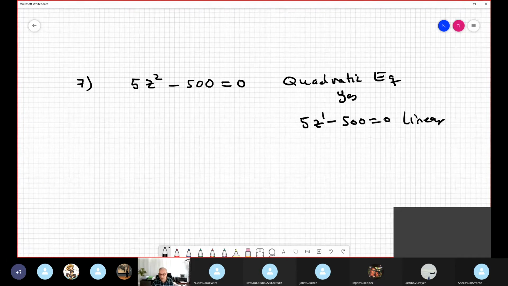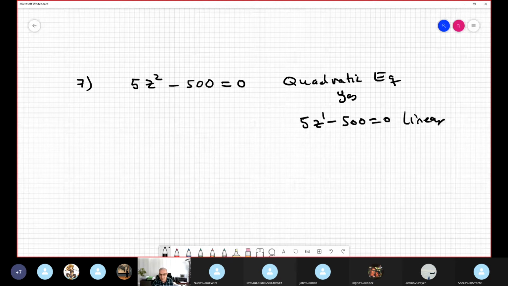Move 500, divided by 5, end of story. But now we're solving quadratic. This quadratic we can solve using factorization, maybe, or the quadratic formula that we studied before, maybe, but it's very, very useless.